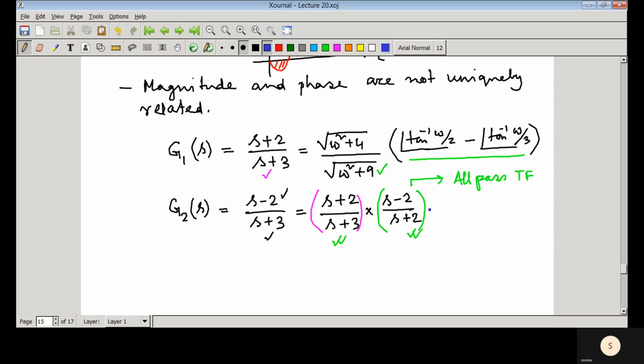That is tan inverse omega by 2 minus tan inverse omega by 3. So it is contributing extra phase.